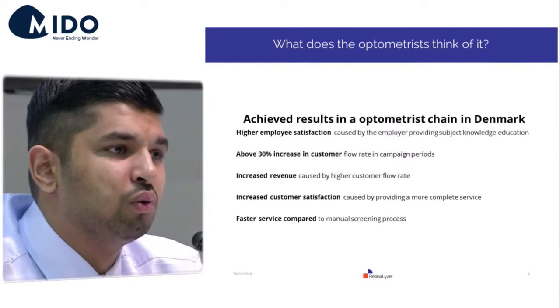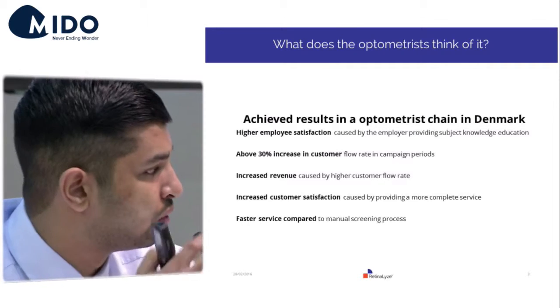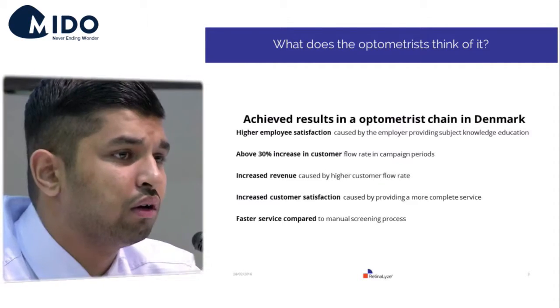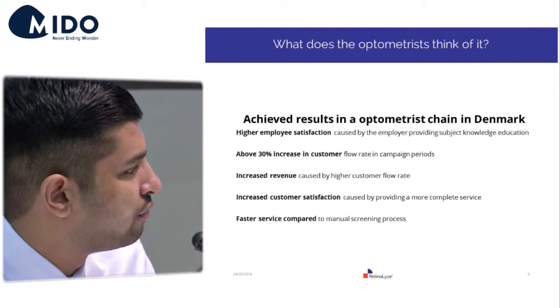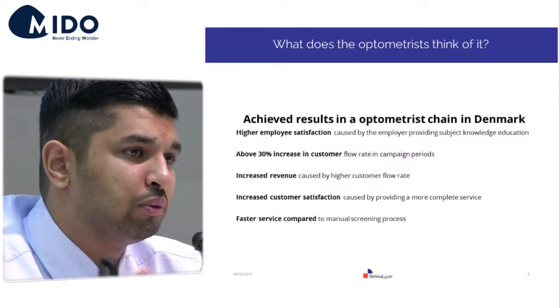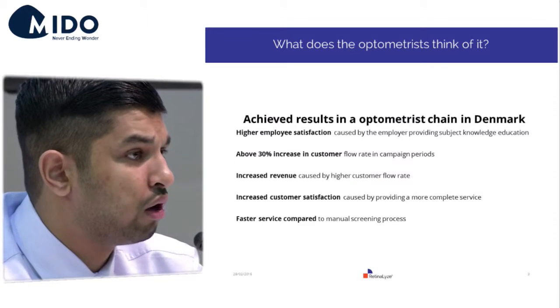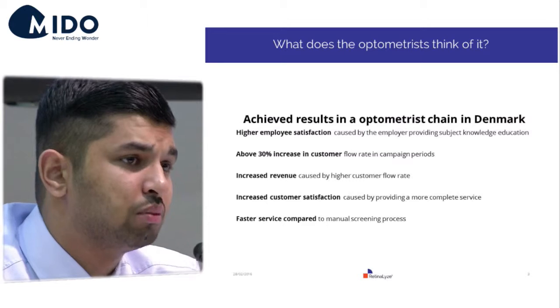Just to show you what effect this system can actually have on your business, I want to show you some results that we've achieved in a Danish optometrist chain. We have seen a higher employee satisfaction, meaning that people who work in the chain, the opticians, are actually more happy about their job because they can provide a healthcare related service to their customers.